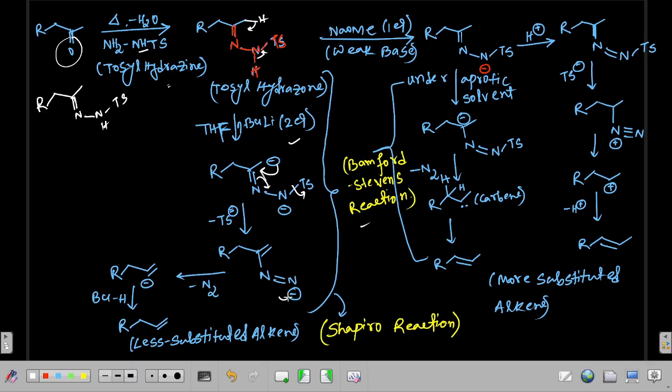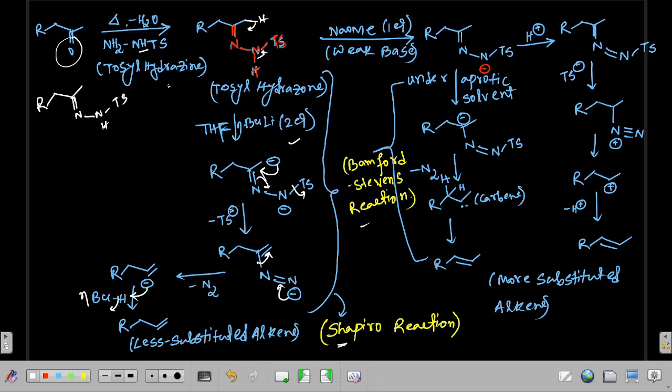Next, it leads to the removal of this nitrogen. So it will form this anion, and in presence of H plus, because H plus will be there in the system, it will abstract this hydrogen and it will form this alkene, which is a less substituted alkene. So in case of Shapiro reaction, it will form less substituted alkene.